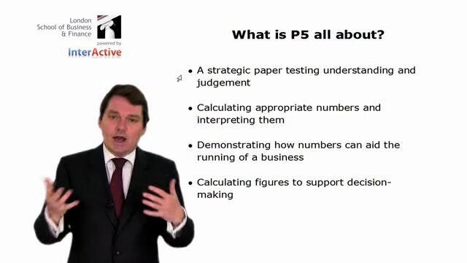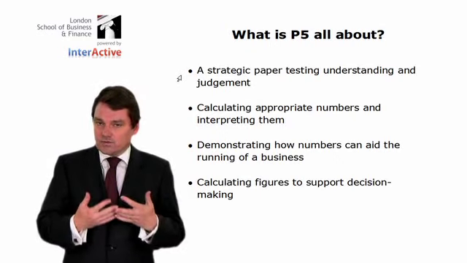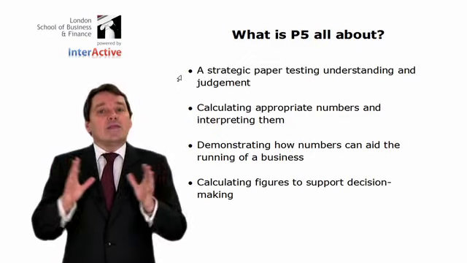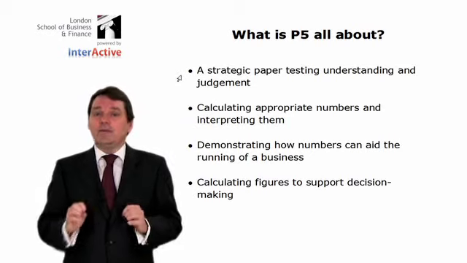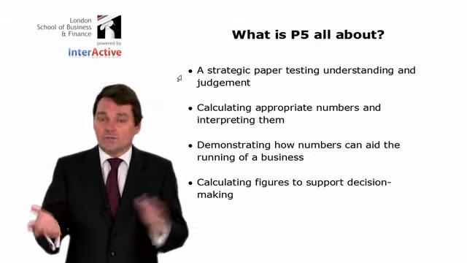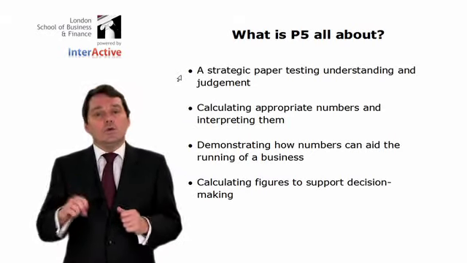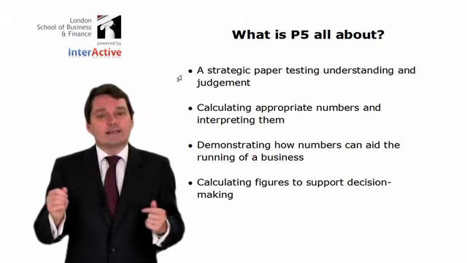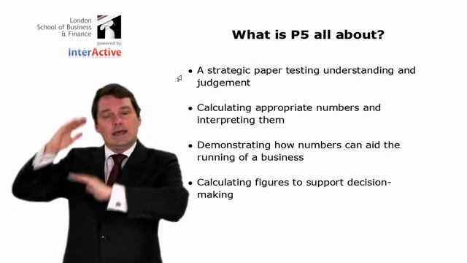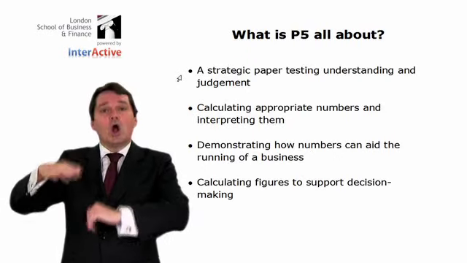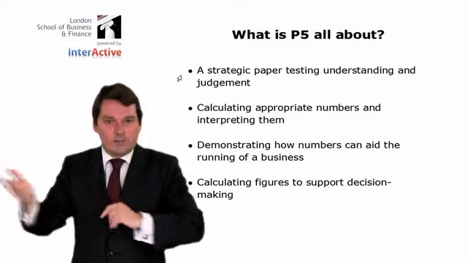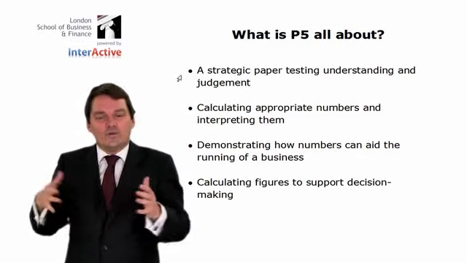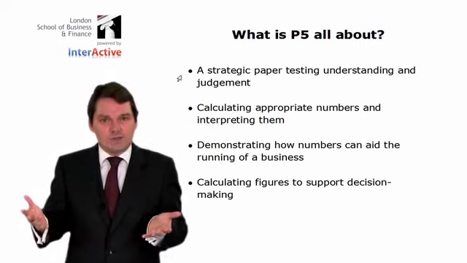Now, there is a big overlap between P3 and P5. There always has been. Those of you who have done the P3 exam, which will be most of you, will know that in the P3 exam, the examiner will say, here are some numbers, a profit and loss account. I'm afraid I'm old-fashioned, I still call it that. So a P&L account or some non-financial information, or there will be some numbers in there.